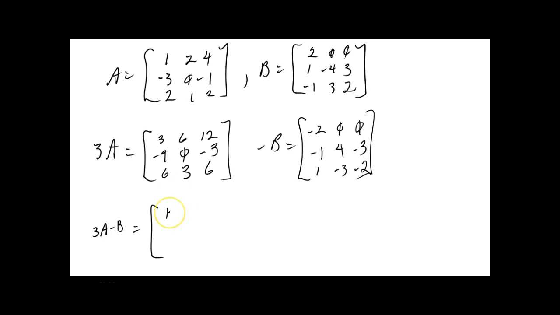So that would be a 1, 6, 12, negative 10, 4, negative 6, 7, 0, and 4. Sorry, I was looking at the wrong one.